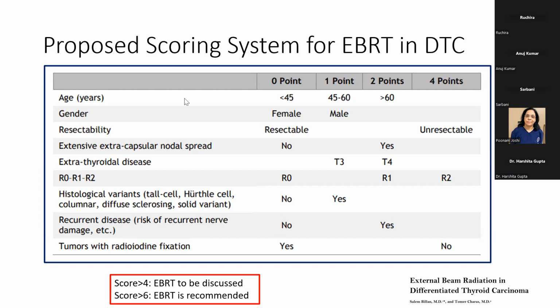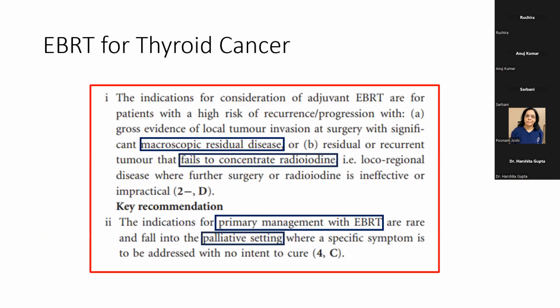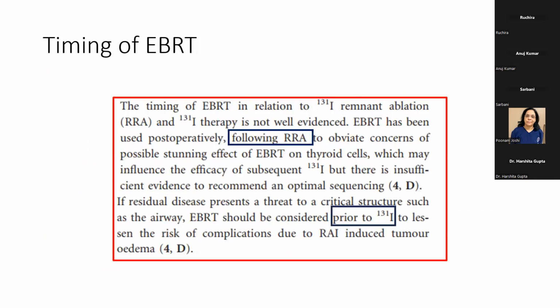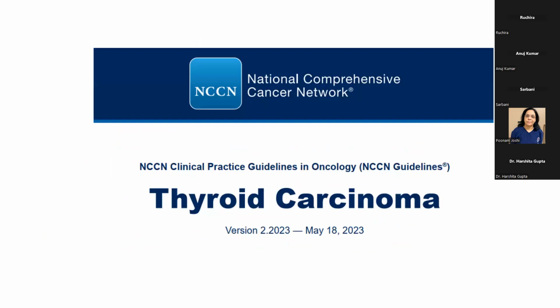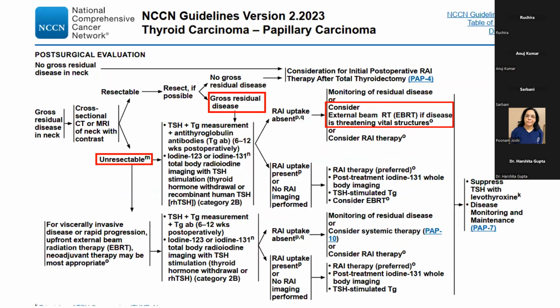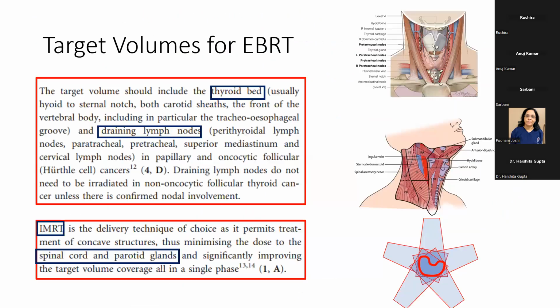So you have to take everything together when you decide on adjuvant radiotherapy. Primarily, it is important for us to assess the resectability of the tumor, the extension to the extrathyroidal tissues, especially the upper aerodigestive tract, and whether there is R plus resection. These are the most important points in differentiated thyroid cancers.